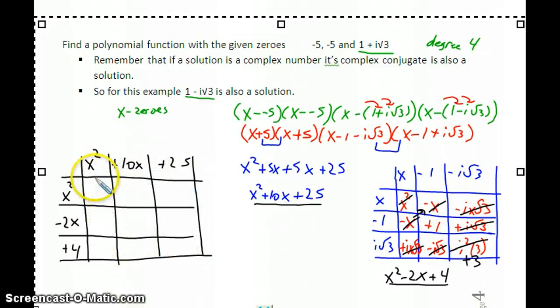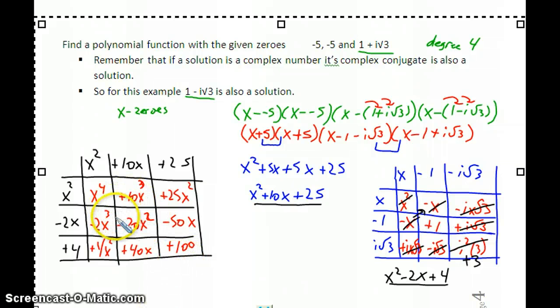Okay, now multiplying this together, we would get x to the 4th plus 10x to the 3rd plus 25x squared minus 2x to the 3rd minus 20x squared and minus 50x plus 4x squared plus 40x plus 100.